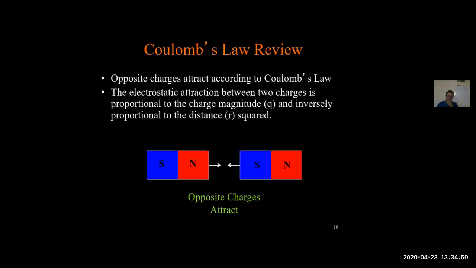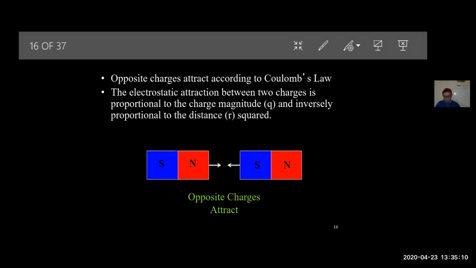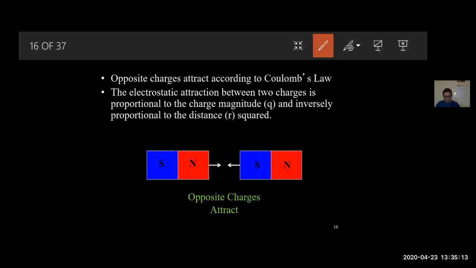Now, basically here, there's a law called Coulomb's Law, and the only thing that we need to take away from this is, when we look at the interaction between charges, which also applies in this example, they're using two magnets, but the forces interacting in the molecules are very similar, okay?